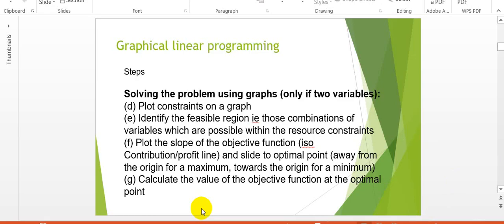And if we are trying to minimize the objective function, then we slide the ISO line towards the origin. Then finally, we calculate the value of the objective function at the optimal point. So we are now going to look at an example where these steps are going to be demonstrated.